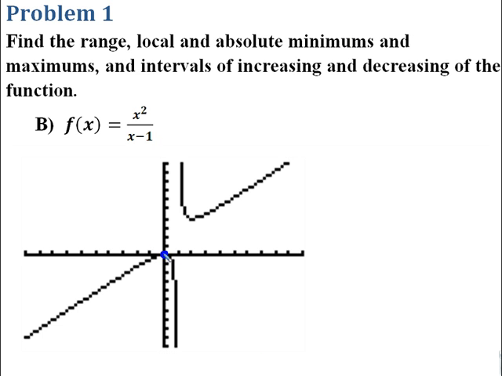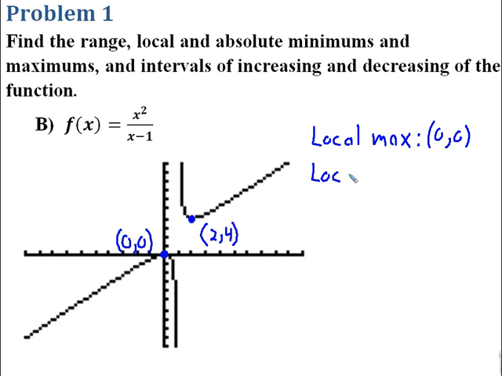So labeling those points, we had a maximum at 0, 0, and a minimum at 2, 4. We'll say those are both local, because for my maximum there's an entire branch of the graph that gets above it. Same thing, a whole branch below my minimum. So local max at 0, 0, and a local min at 2, 4.